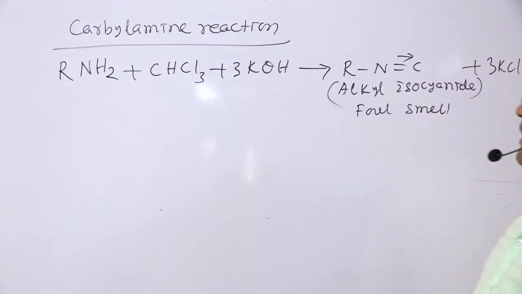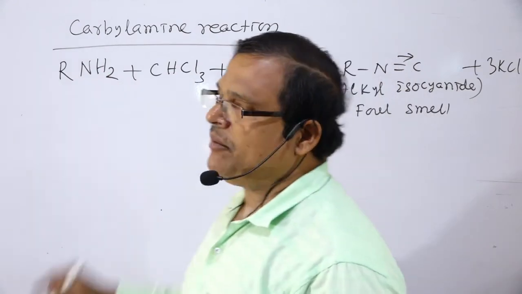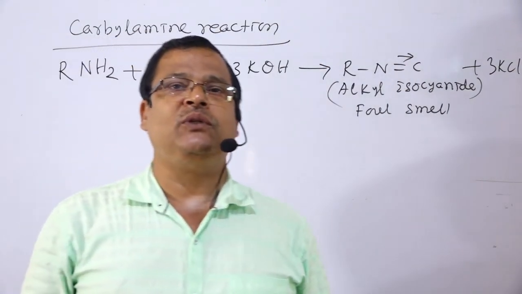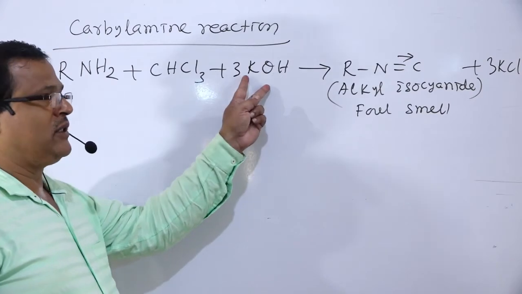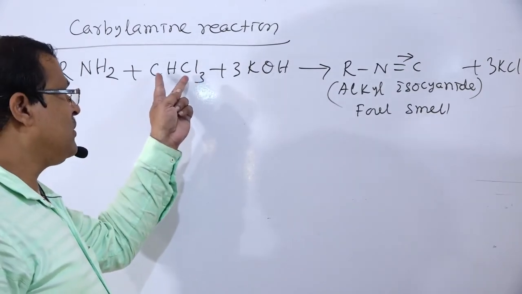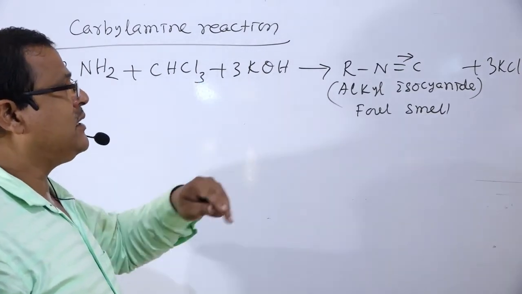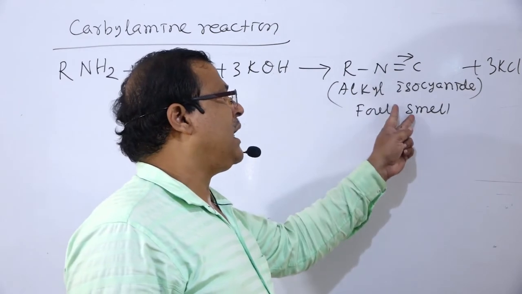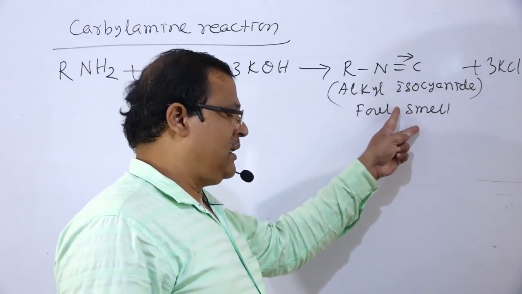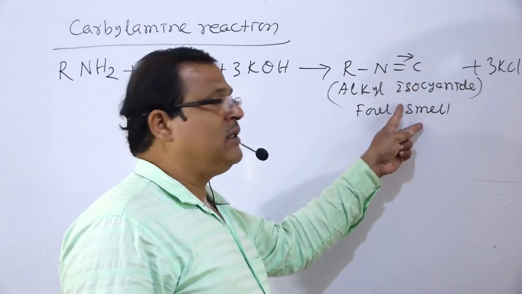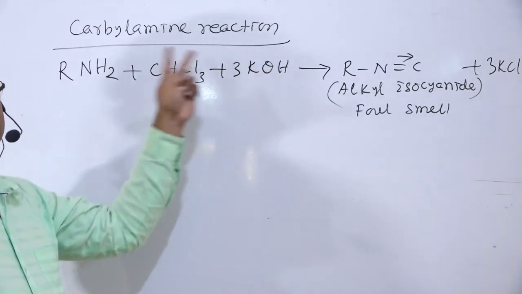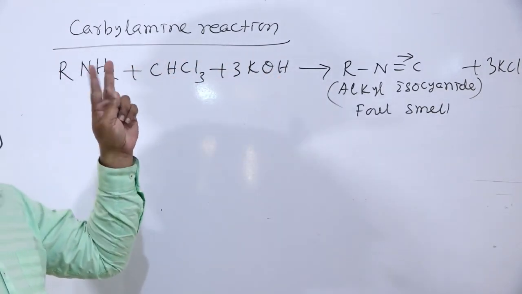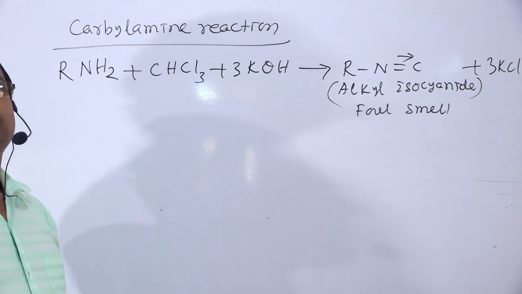So primary amine, formula RNH2, reacts with chloroform and KOH, forming alkyl isocyanide that has a foul smell. This compound is only produced from primary amine, neither the secondary nor the tertiary responds to this test.